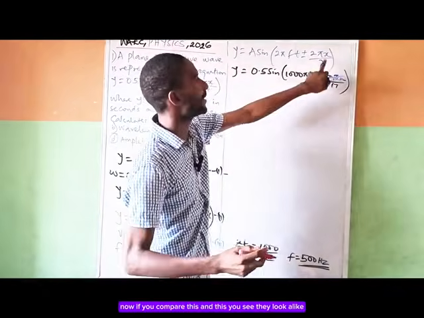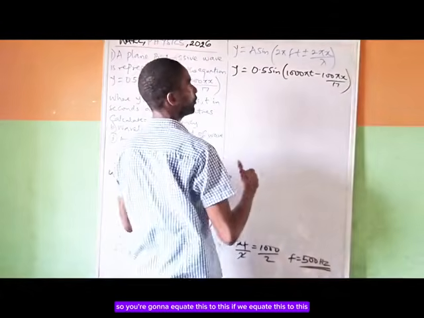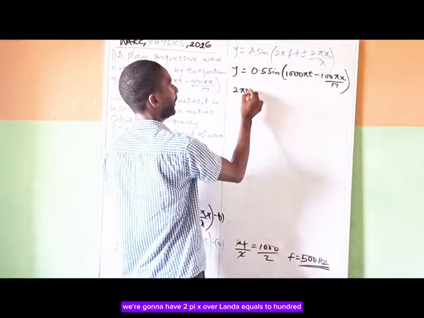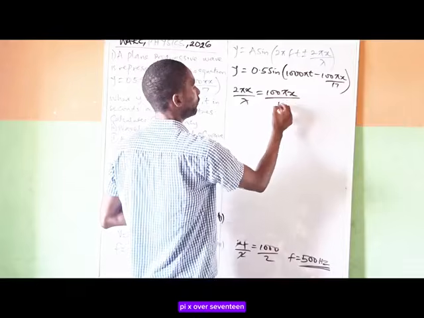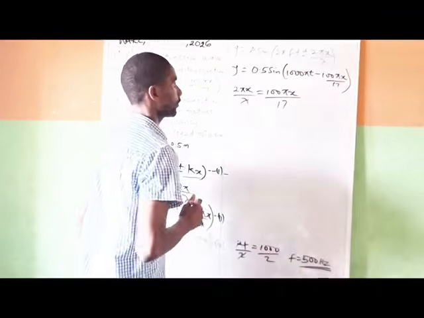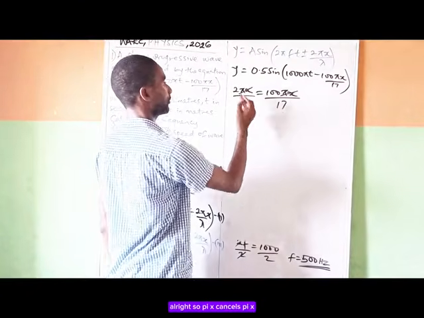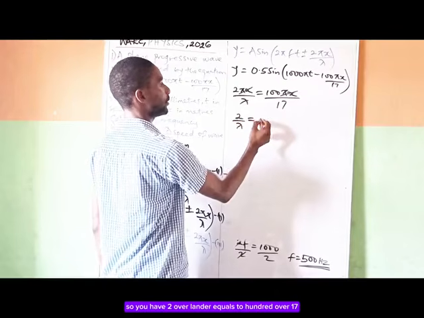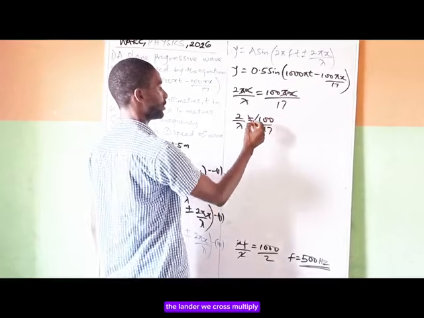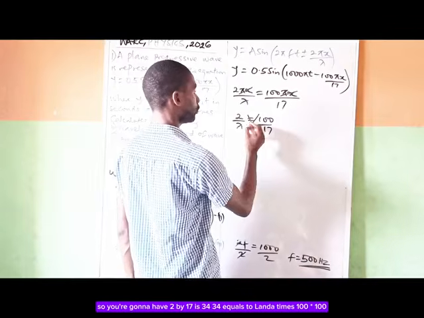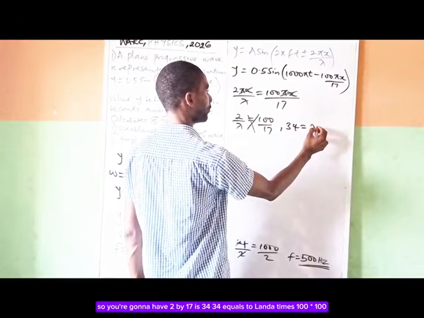If you compare these, you see they look alike, so you equate this to this. We have 2πx/λ equals 100πx/17. πx cancels πx, so you have 2/λ equals 100/17. To find the wavelength, lambda, we cross multiply. 2 times 17 is 34, so 34 equals λ times 100.